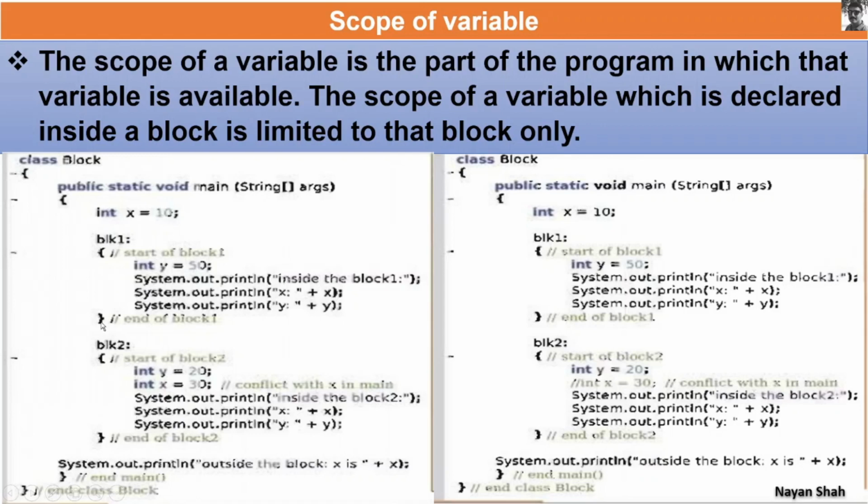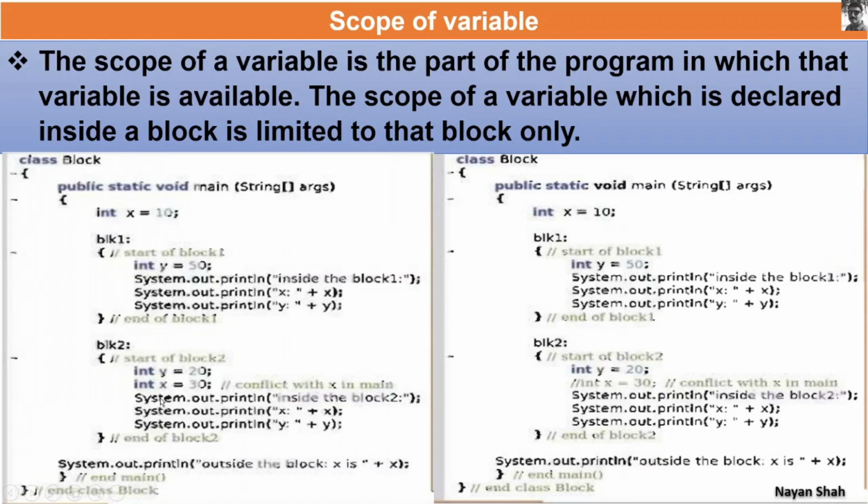Once this curly bracket is closed, variable y is also cleared. So when you create a new variable here, it is a totally new variable, it has nothing to do with this y. But x cannot be created here because there is already a variable x which is available in block 1 and block 2. So you cannot have two variables with the same name.